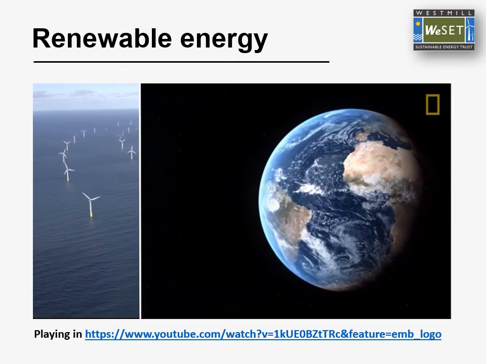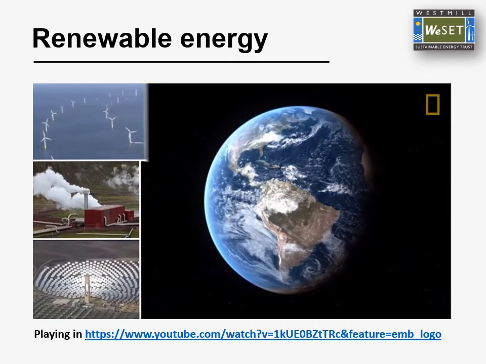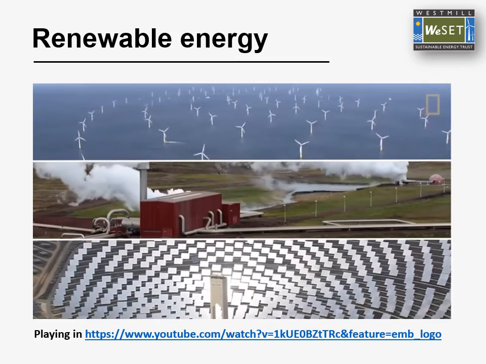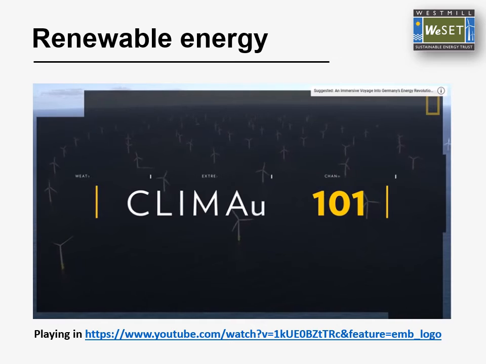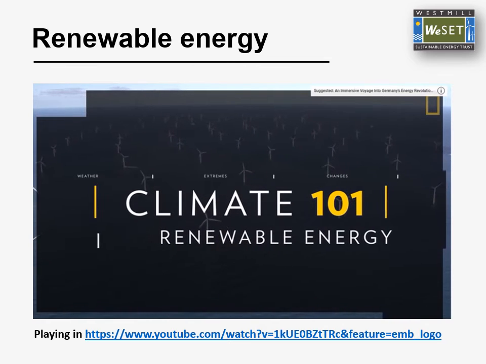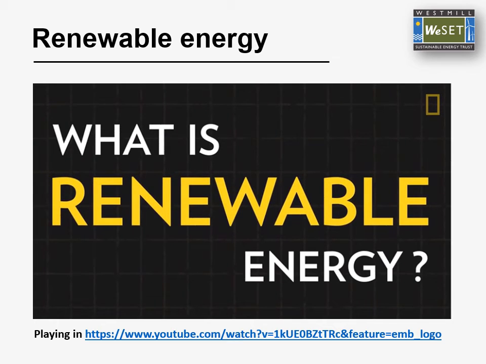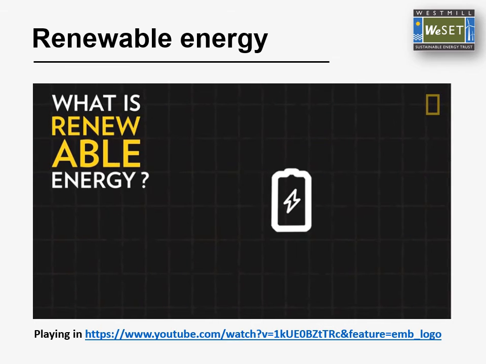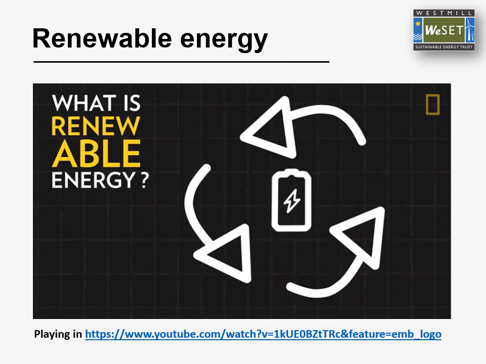Around the world, renewable energy use is on the rise, and these alternative energy sources could hold the key to combating climate change. What is renewable energy? Renewable energy is generated from sources that naturally replenish themselves and never run out.